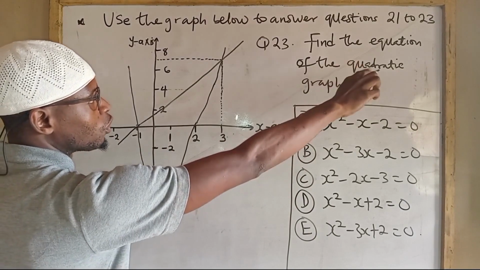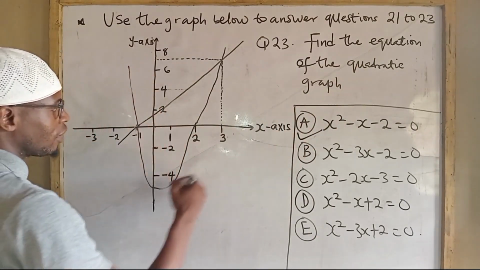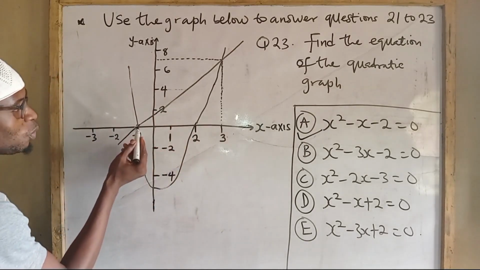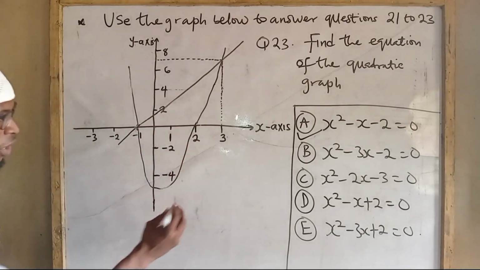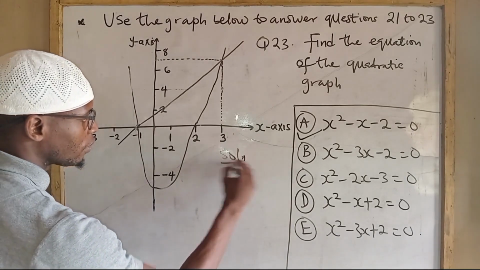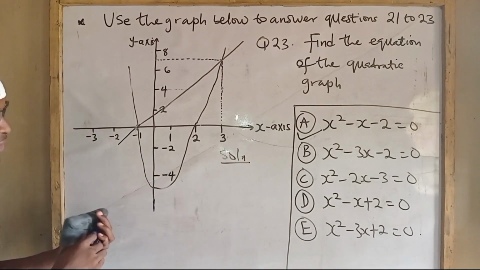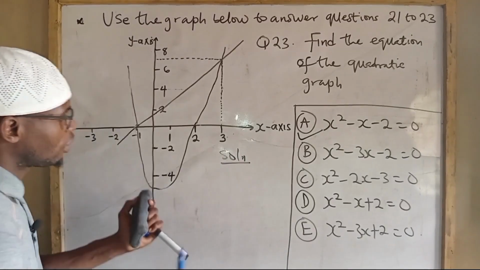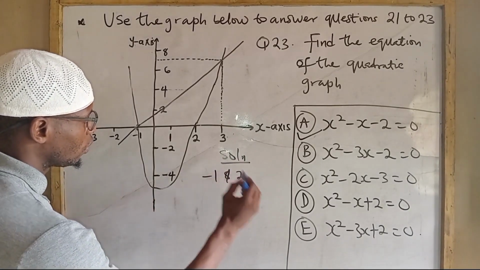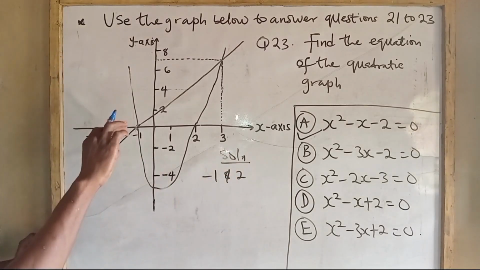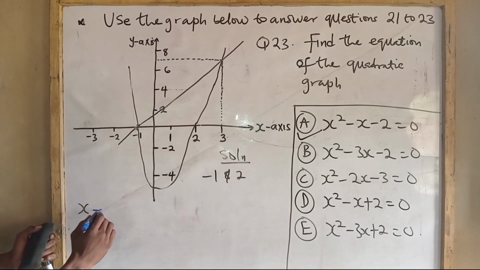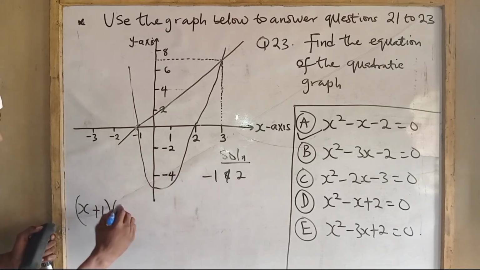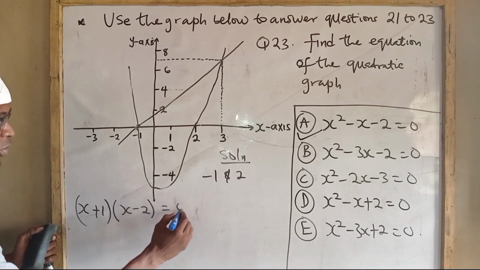Find the equation of the quadratic graph. This is the quadratic graph here. It simply means you take the points at which it intersects the line, which are -1 and 2. Of course, you use the same convention I gave earlier: x plus 1 in brackets, and x minus 2 in brackets, equals 0.